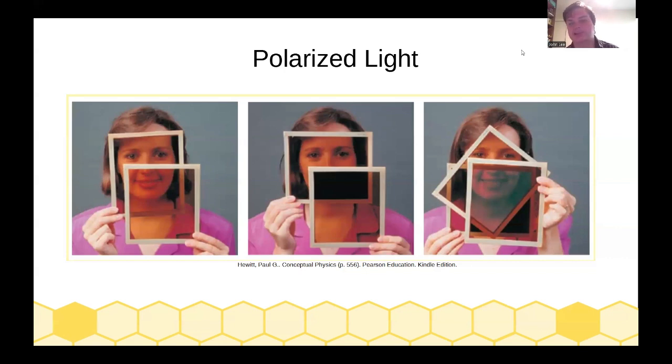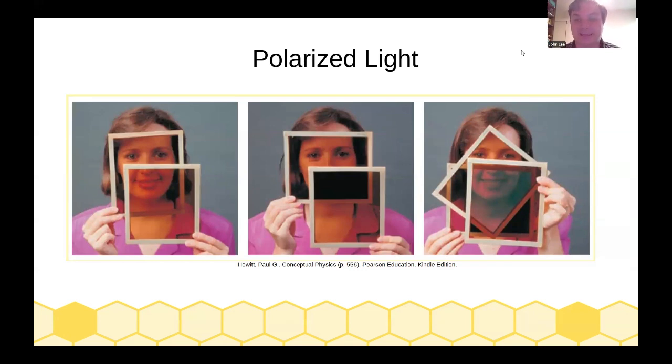It's going to be polarized at, in this case, about a 45-degree angle instead of vertically. And then because 45 degrees is not perpendicular to the horizontal polarizer, it's going to go through the horizontal polarizer, and you can see some of the light passing through, even though you are still having those two perpendicular polarizers.